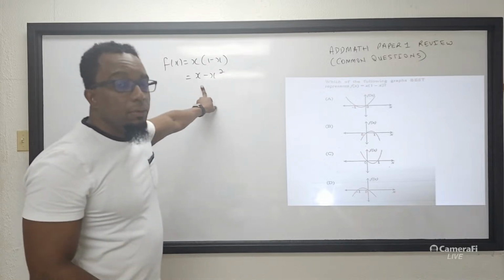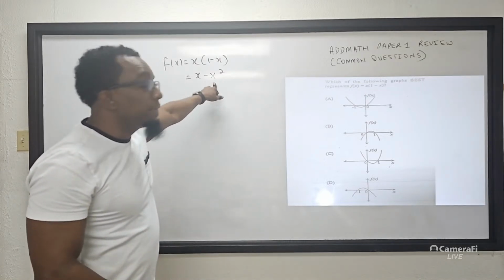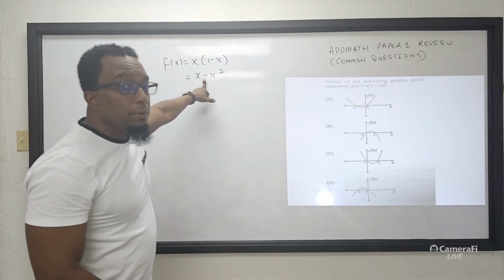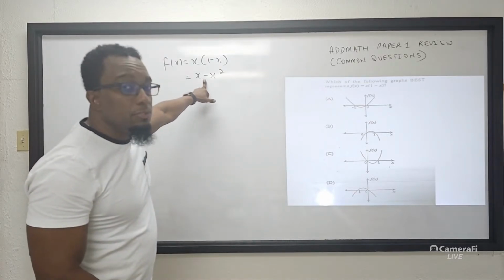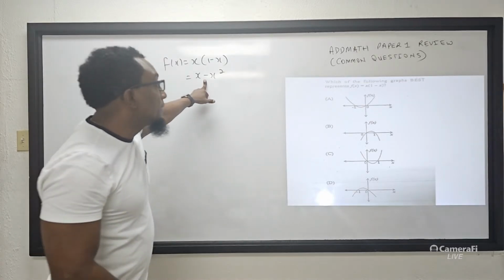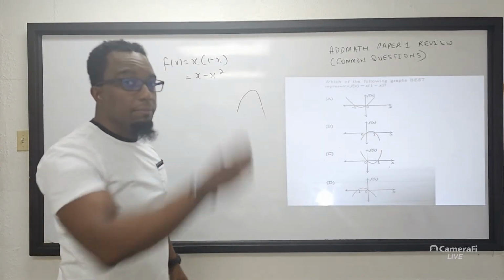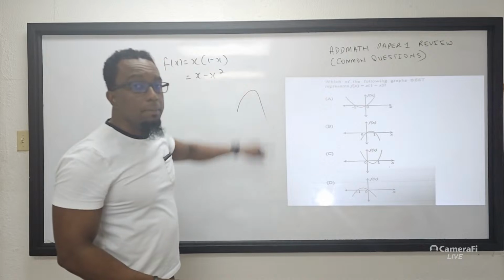Now this here is a quadratic expression because I have a variable raised to the power of 2. And once the number in front of my variable squared, x squared in this case, is negative, I know automatically when I sketch, my curve is one that is concave down. So I'm going to have a maximum turning point.